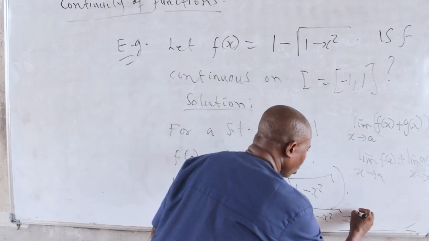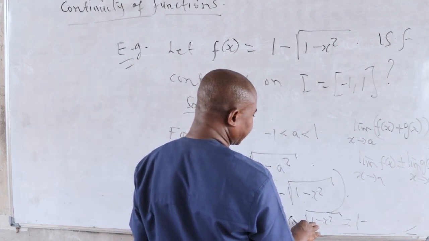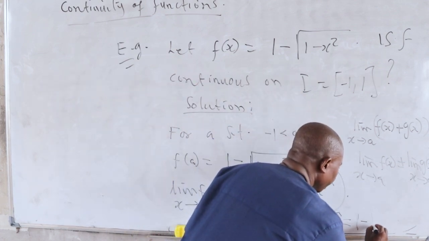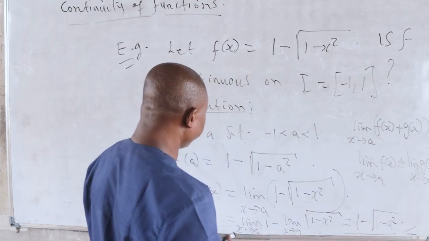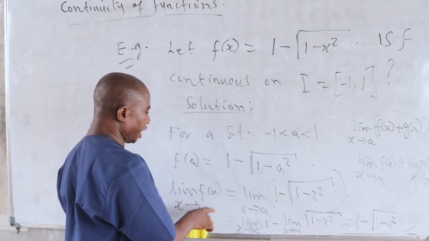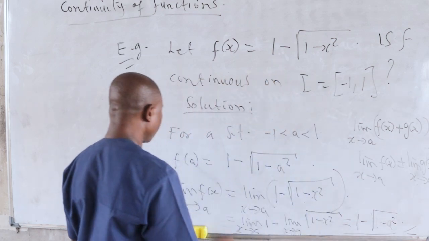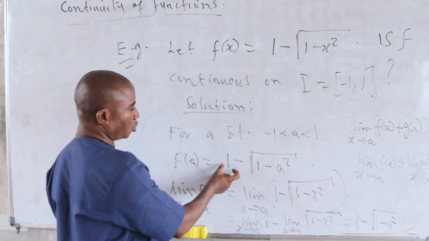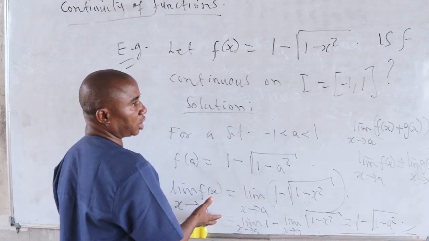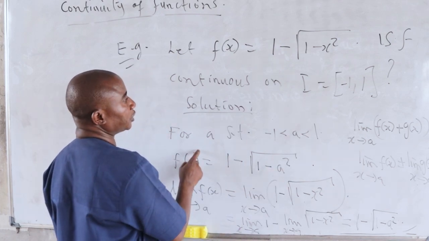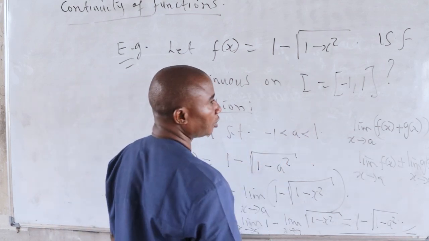So this gives me 1 minus the square root of 1 minus a squared. Therefore, the limit as x tends to a of f of x is 1 minus the square root of 1 minus a squared. f of a is also 1 minus the square root of 1 minus a squared. So the two of them are equal. According to that definition, this function is continuous for every element a between -1 and 1.